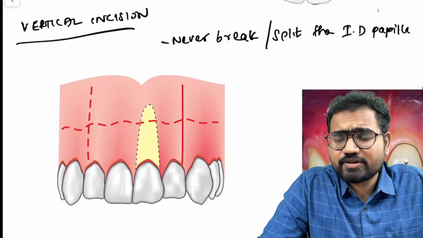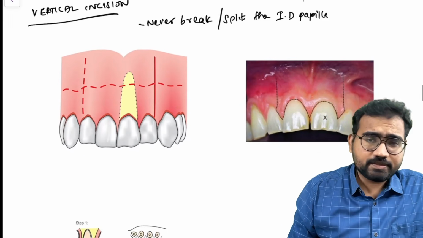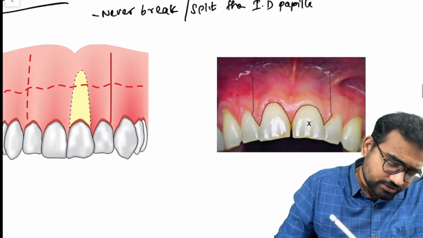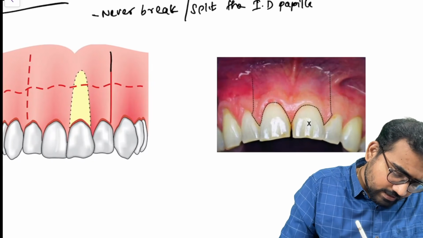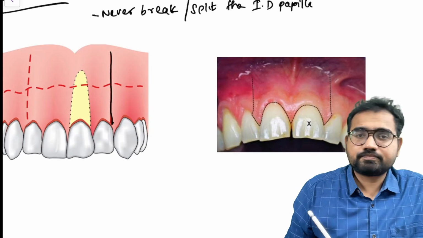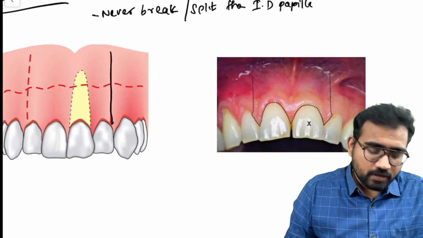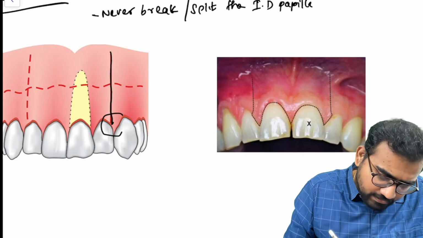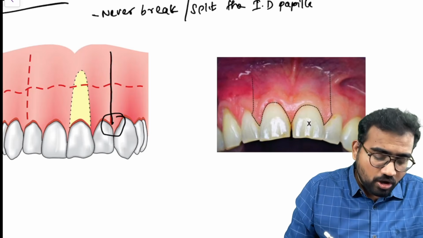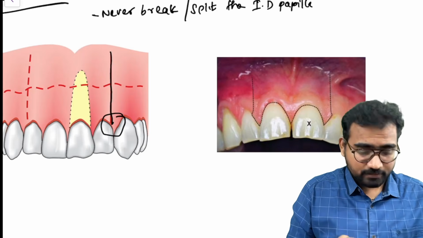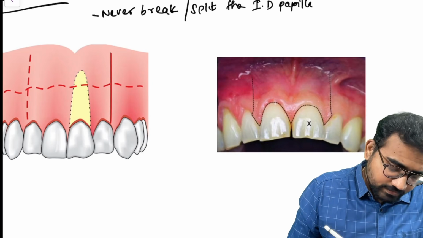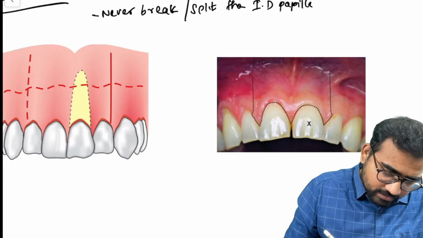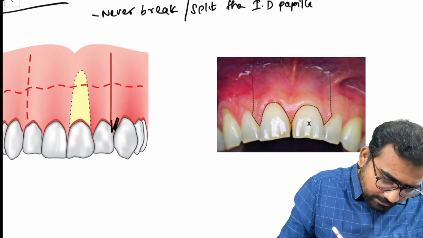Then where should I put the incisions, sir? Very simple. You have to put the incisions along the line angles of the tooth. Either you involve this papilla or you exclude this papilla. In this case I am excluding the papilla of the canine.